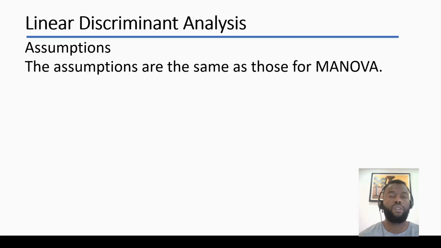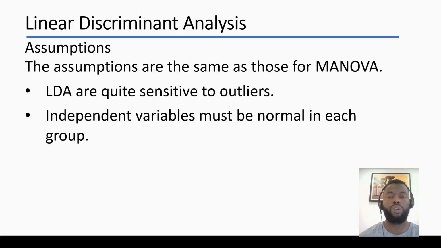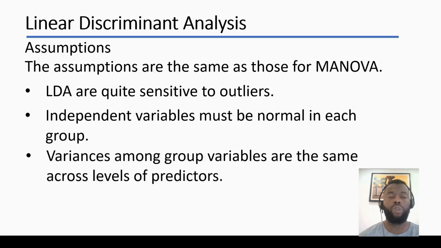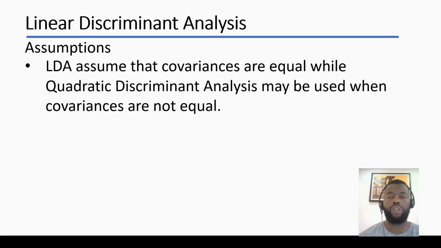Assumptions: the assumptions are the same as those for MANOVA. LDA is quite sensitive to outliers. Independent variables must be normal in each group. Variance among group variables is the same across levels of predictors. LDA assumes that the covariances are equal, while quadratic discriminant analysis may be used when the covariances are not equal.